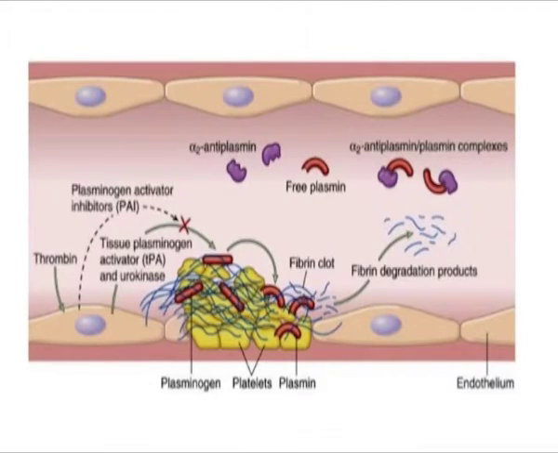Dissolution of clot, also called fibrinolysis, occurs when a negative feedback system signals that sufficient healing of the blood vessel wall has occurred and a substance called plasminogen is activated. Plasminogen in its active form is called plasmin.